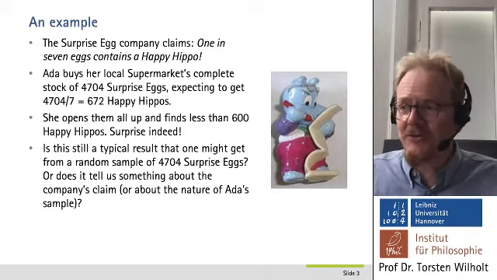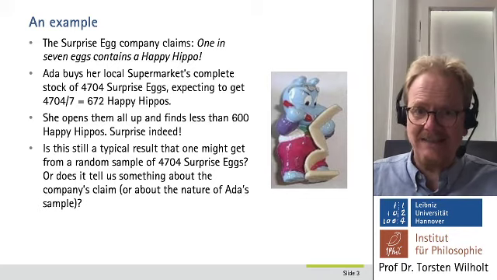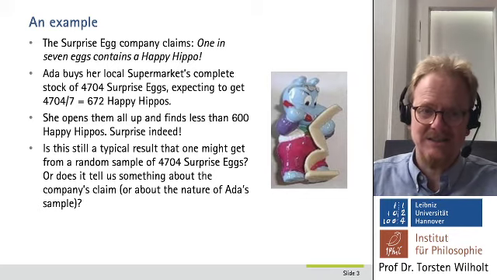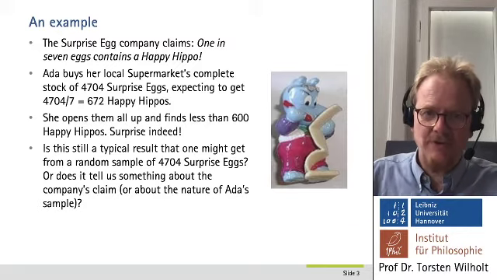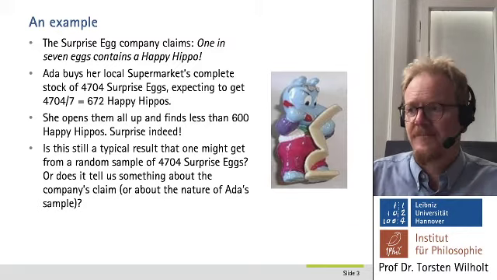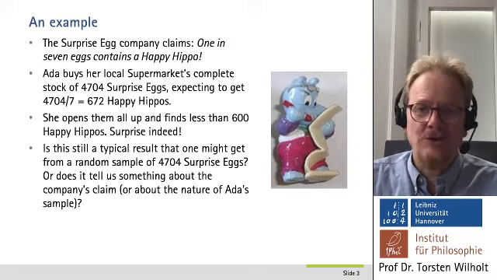It's a lot of different possibilities to get exactly 672 happy hippos, somehow distributed over those 4,704 surprise eggs. In fact, it's still quite an understatement to say that it's a lot of possibilities.